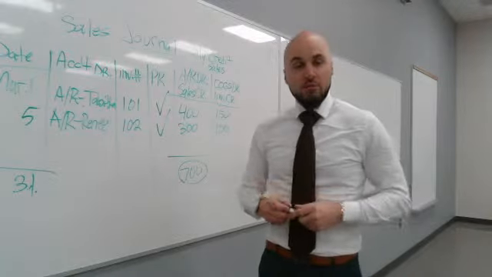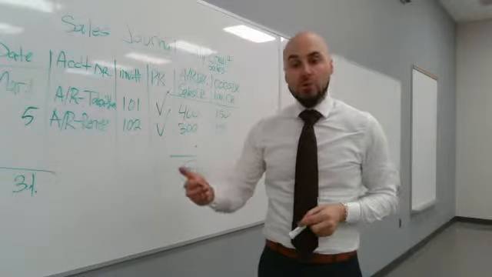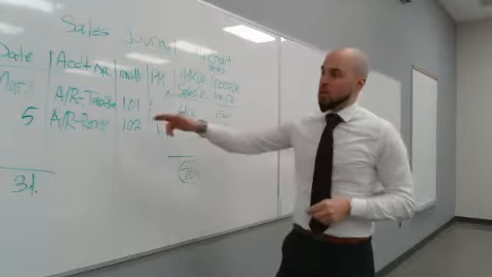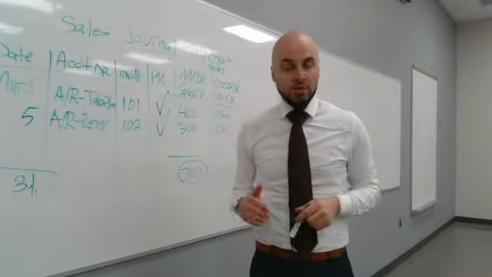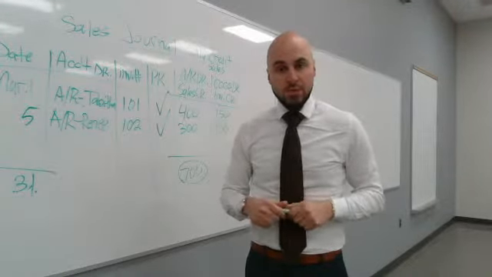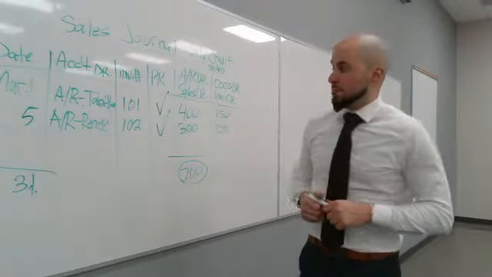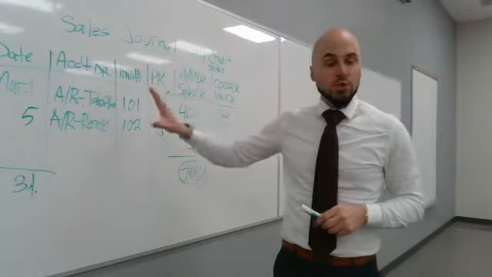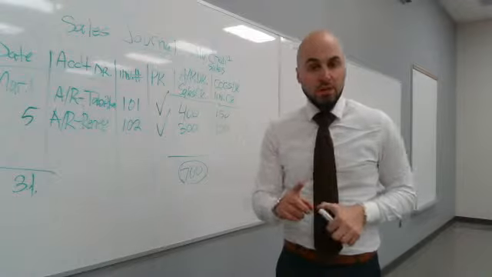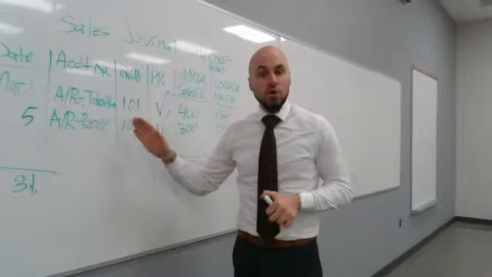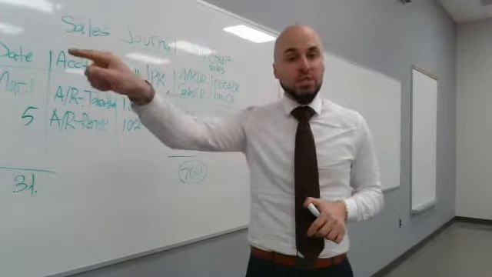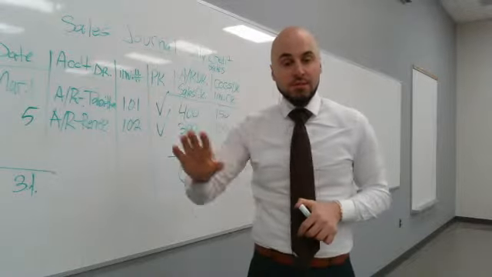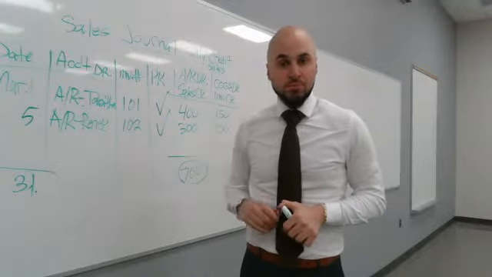Okay? So if we wanted a detail to find out how did we get that 700, then we can go to all of our customers' subsidiary ledgers. Okay? And there's that. Sales journal only recording the credit sale. When they make a payment on it, we will put it in the cash receipts journal, not in the sales journal.